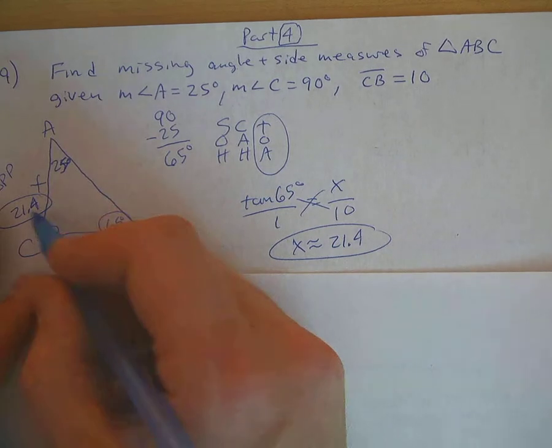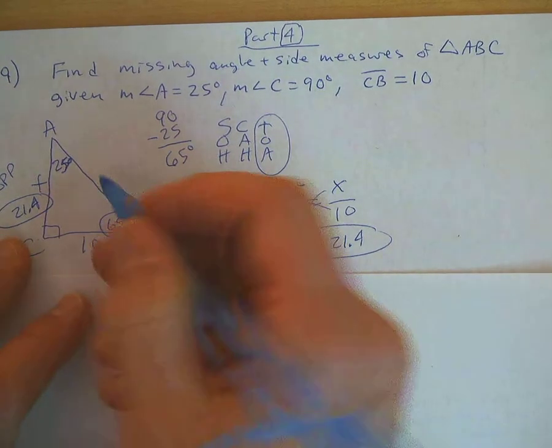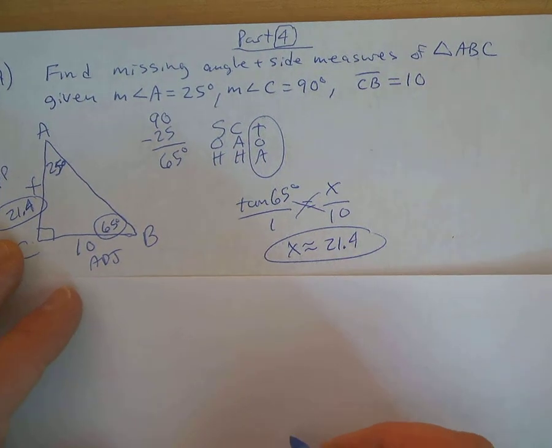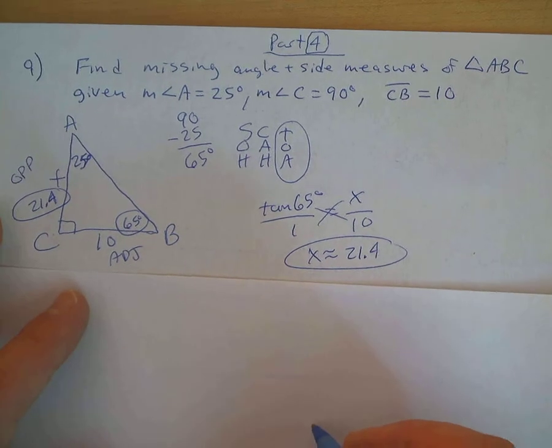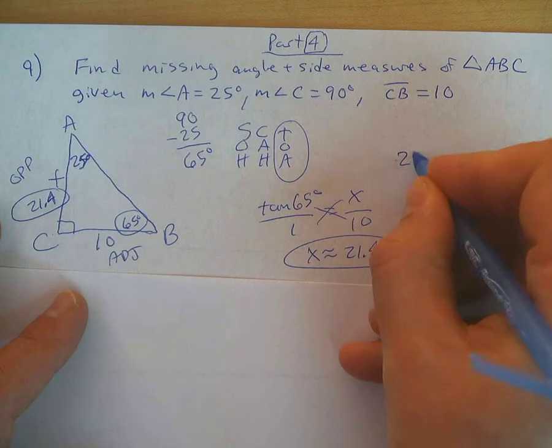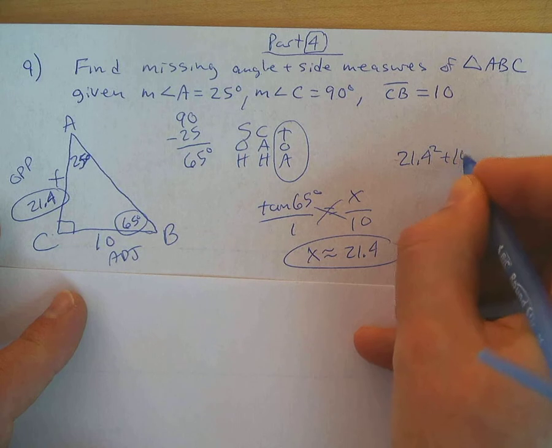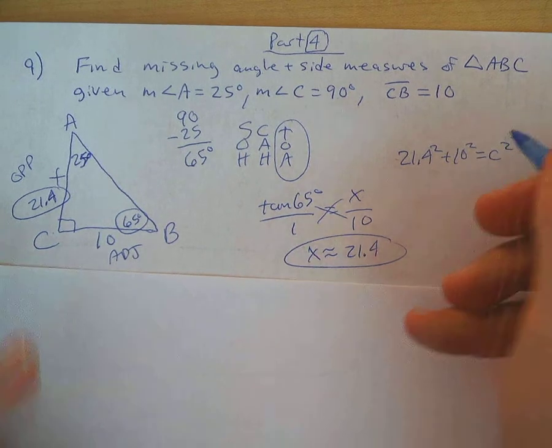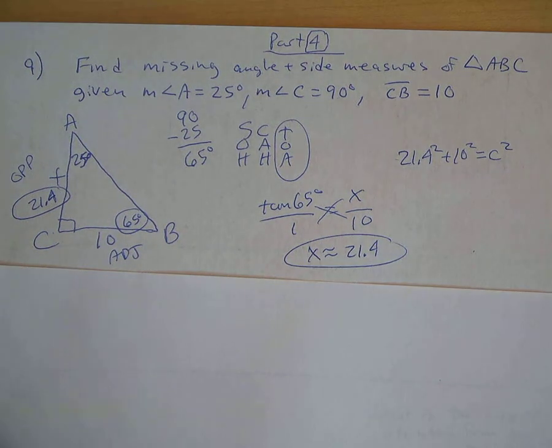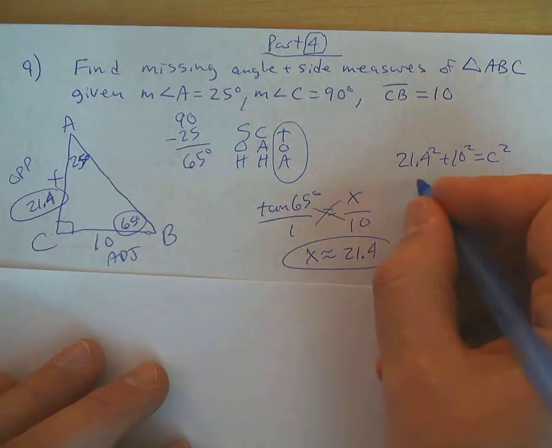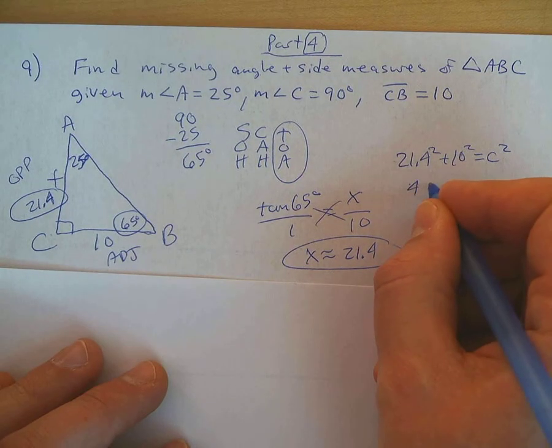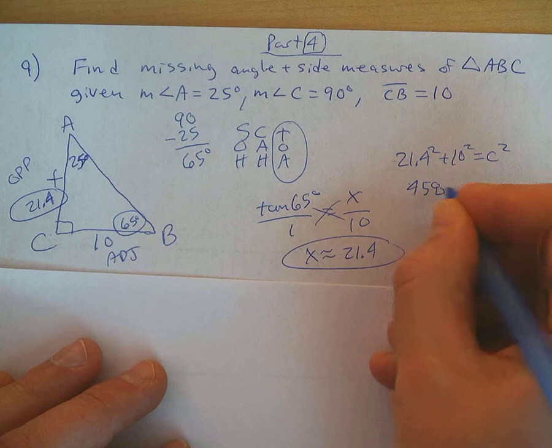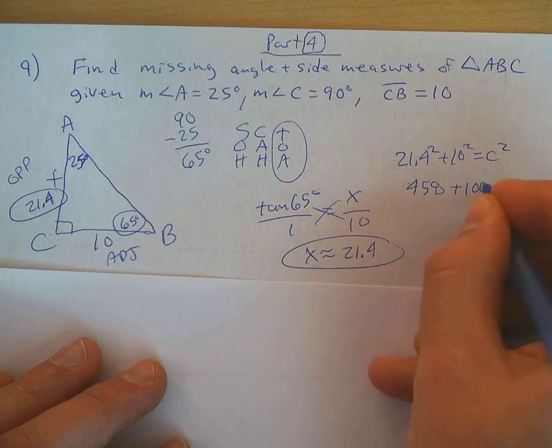Now, I'm going to use Pythagorean theorem to figure out this missing side. I can use whatever I want. I'm going to use Pythagorean theorem. So, it's going to be 21.4 squared plus 10 squared equals c squared. 21.4 squared is 458 rounded, plus 100 equals c squared.